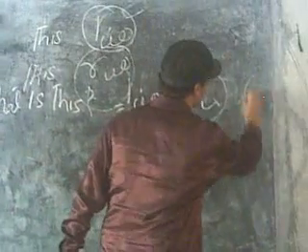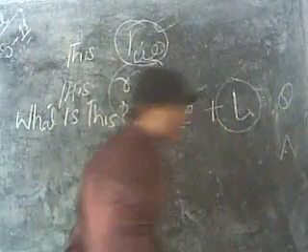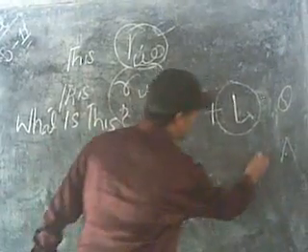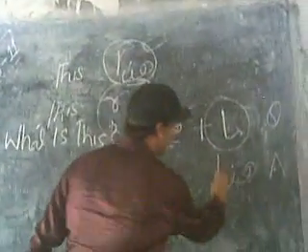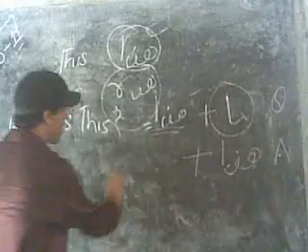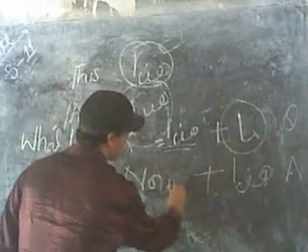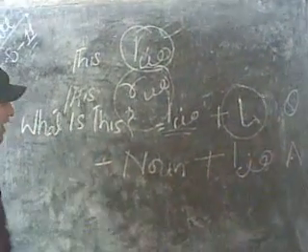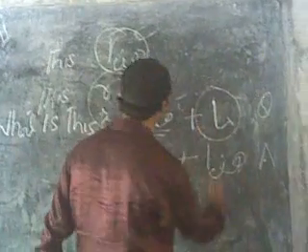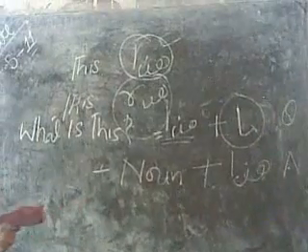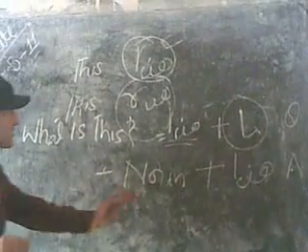This was the question. And when I have to answer it, I will start from hada plus noun. Hada plus noun. This will make the complete sentence. This will make the answer for the question.